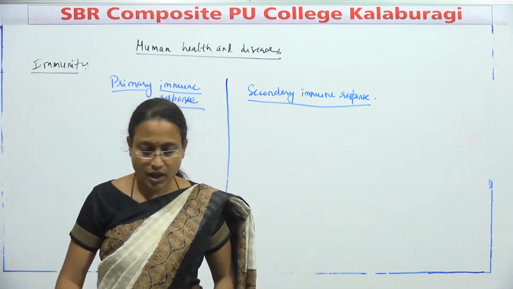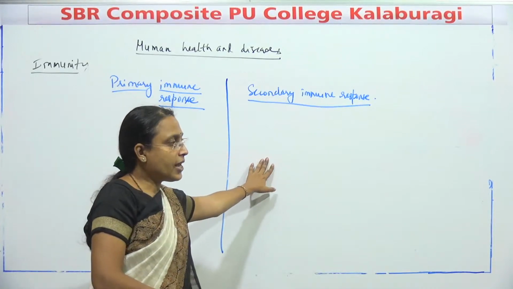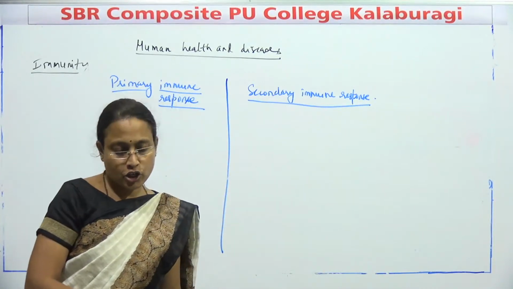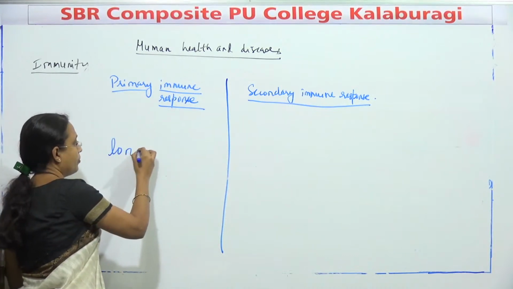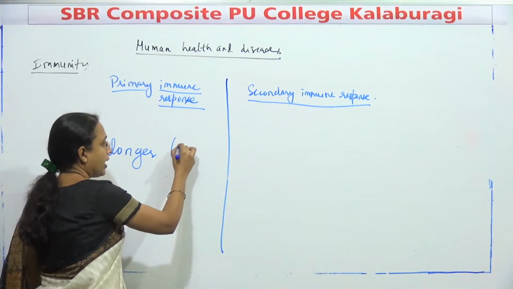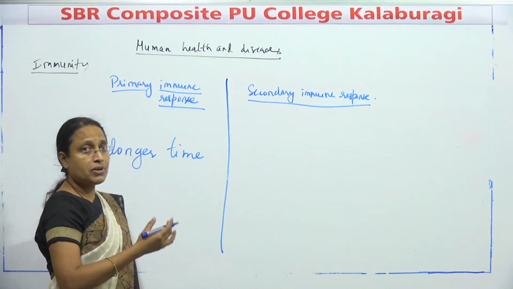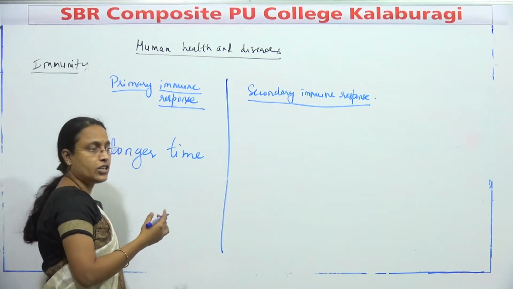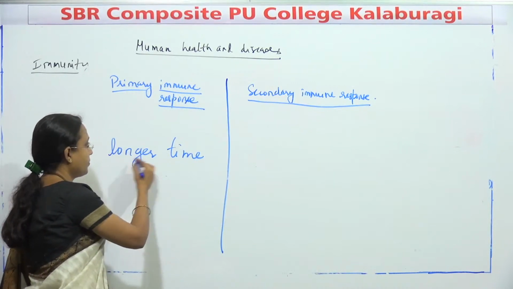Next one. To establish immunity in the primary response, it will take a longer time. And in the secondary response, to establish immunity, it will take shorter time. Longer time given already. For antibody peak to occur, 7 days, which is much longer compared to the lower limit of 3 days.